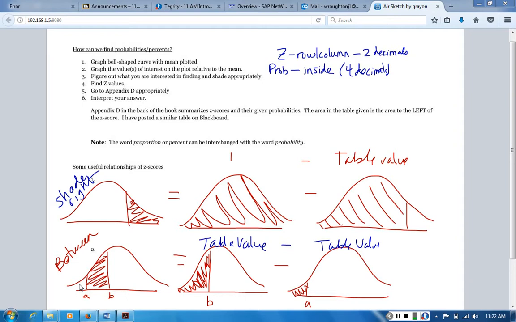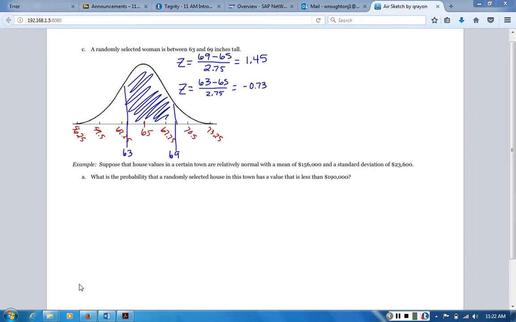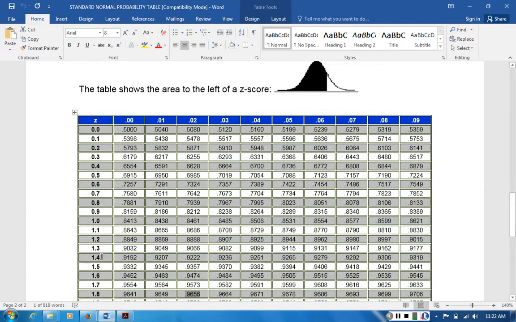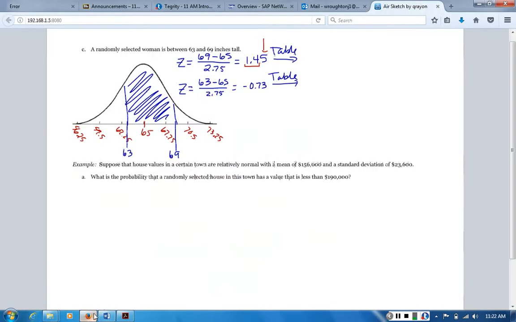So what does that mean we're going to do for ours? Well, I'm going to take my two z-scores that I just found, and we're going to take them to the table. So we're just going to have to go to the table twice. So we're going to look up this 1.45. Remember, the first one's row, second one is column. So positive 1.45. So here's our 1.4, and our 5 column gets us this 0.9265 for that one.